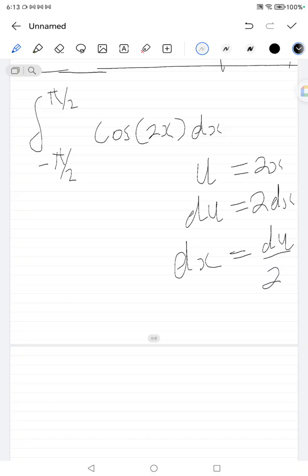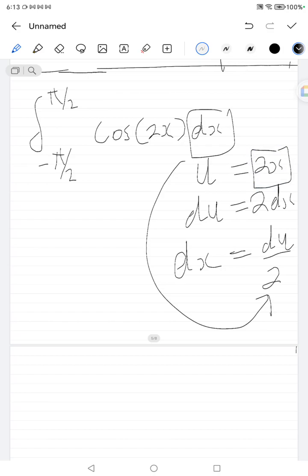Since we have this, we're going to go back and substitute that. Where you see your dx, you'll put this. Where you see your 2x, you go and put this. Then let's check what we have so far.